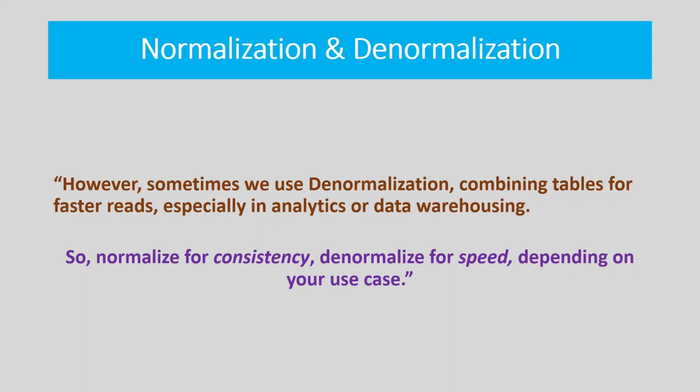You can do normalization for consistency and denormalization for speed. We use denormalization, that is combining tables for faster reads, especially in data warehousing or data analytics. So that's about it.